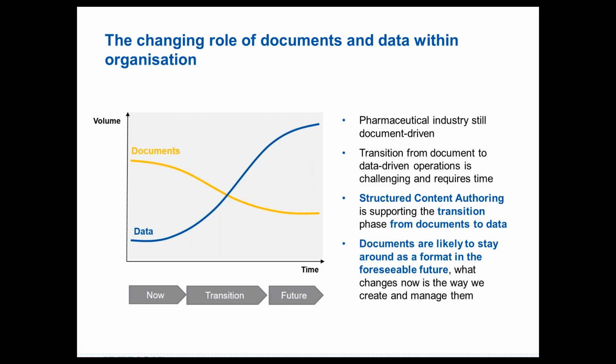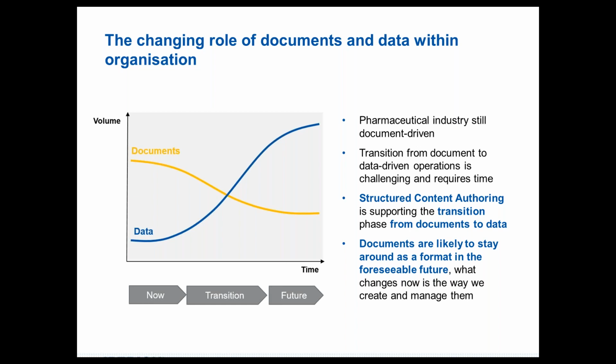So overall, what do we see? We see transition, because the world is screaming for this data. It's not just the public that wants a quicker and a more accessible version of our product information, but it's also that regulator. That regulator needs that information in a different style so they can make quicker decisions and perhaps even quicker evaluations, which of course is one of the key reasons for industry to want this.